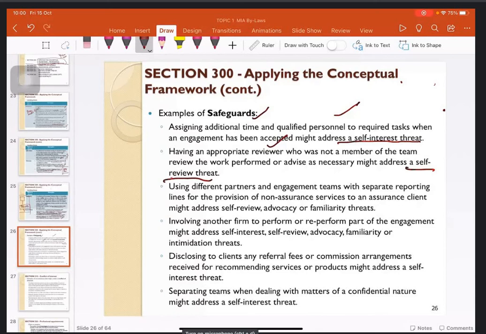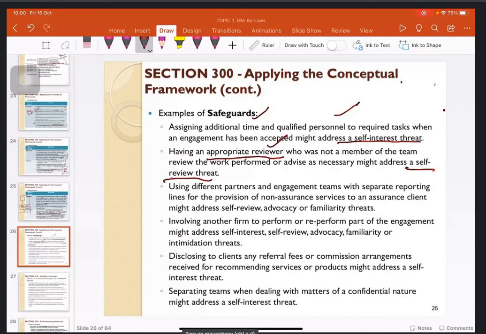You faham tak apa maksud I? Appropriate review. Jadi bila kita kata this person close dengan our client ataupun ada self-interest dekat that client, so apa yang dia buat, kita kena closely review the working paper.